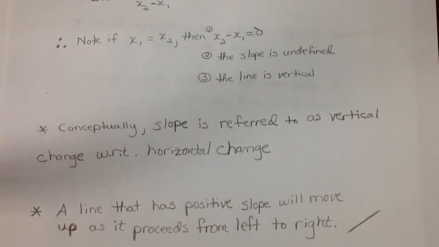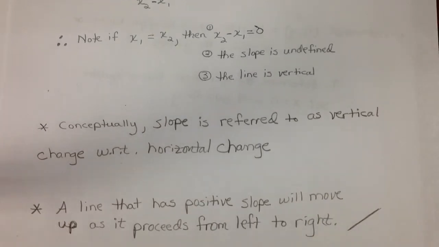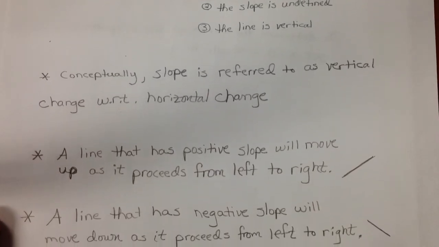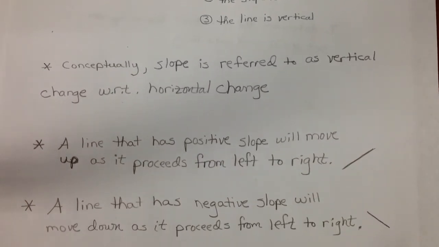The slope might be positive, and a line that has positive slope will move up as it proceeds from left to right. If the slope is negative, the line will move downward as it proceeds from left to right.